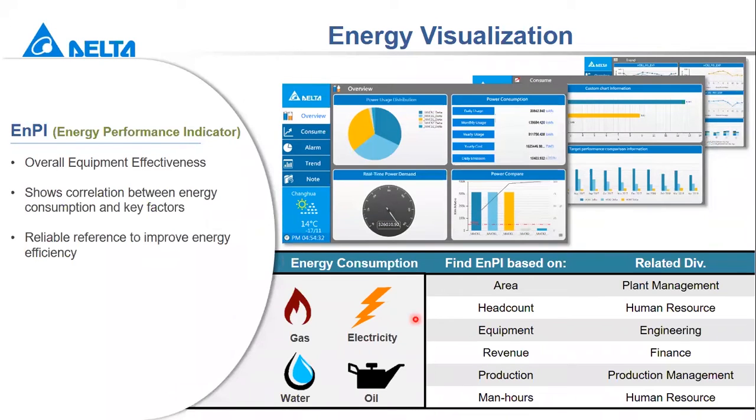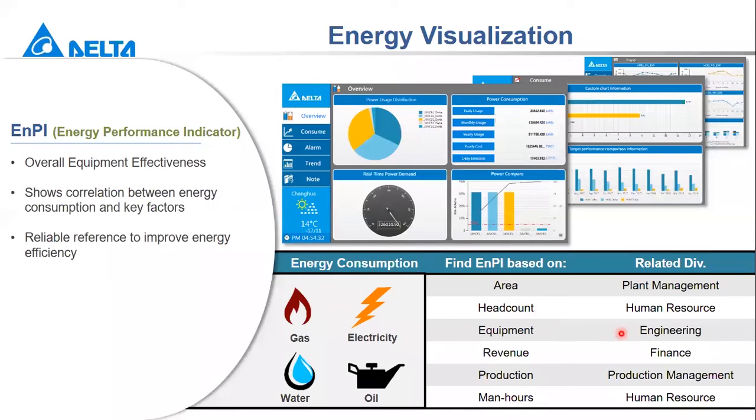So for example, here are the relevant divisions. The first one is plant management. Maybe they focus on the area, right? Maybe the production line, the facilities, the office or the transformers. They focus on the area or the whole picture. And the human resources might focus on the headcount.